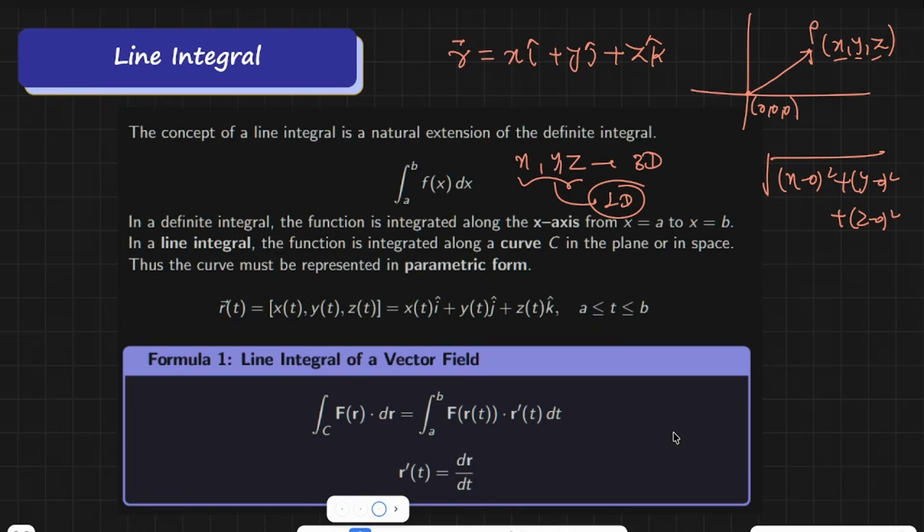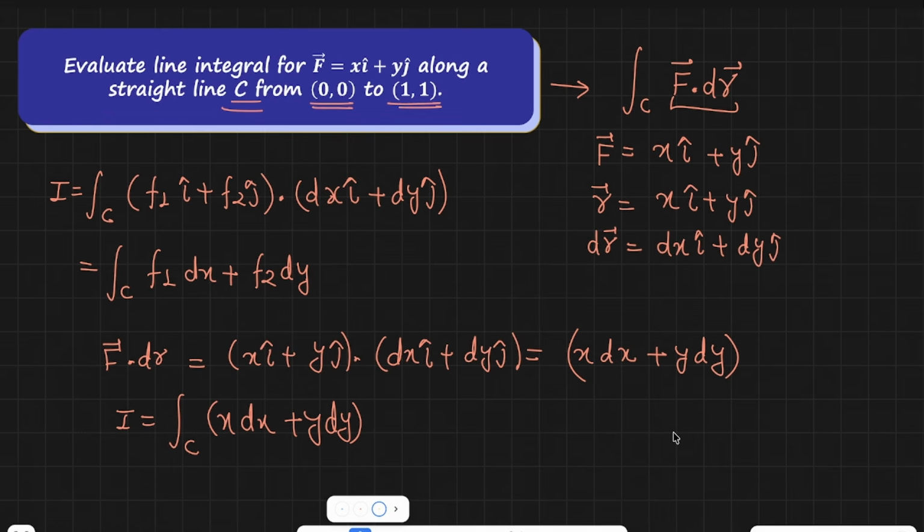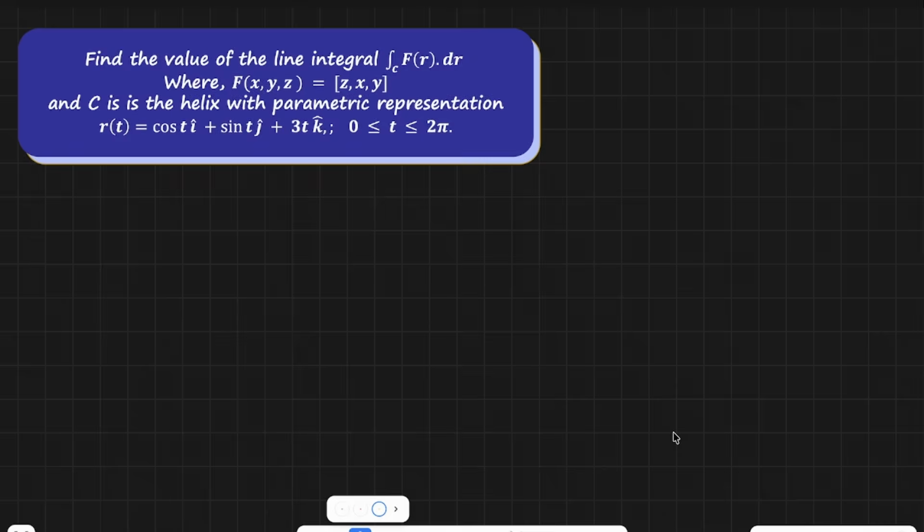See this question. In this question, the relation between y and x is given, as well as the point. Here the relation is not given. We establish the relation, that is y in terms of x, and then we can convert it into the parametric form.